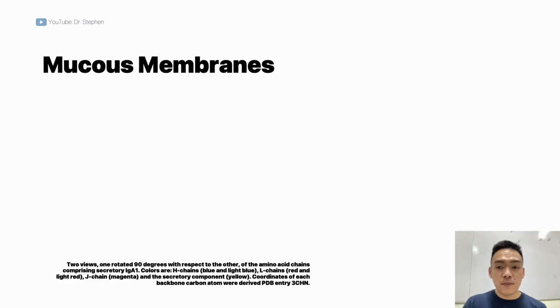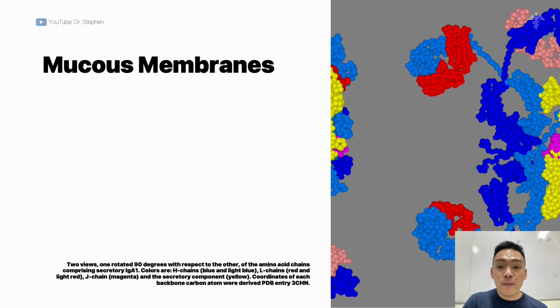Mucosal secretions by your mucous membranes contain very significant levels of immunoglobulins, which play an important role in the defense of these surfaces. For example, this photo on your right is what we call your SIgA, which is capable of neutralizing pathogens or toxins that are internalized into epithelial cells.